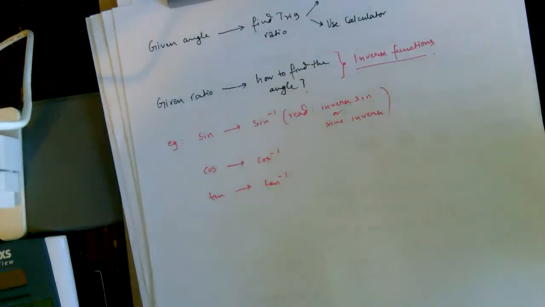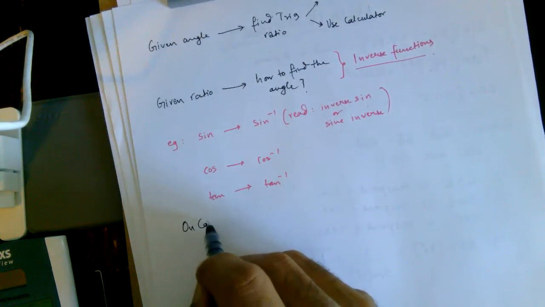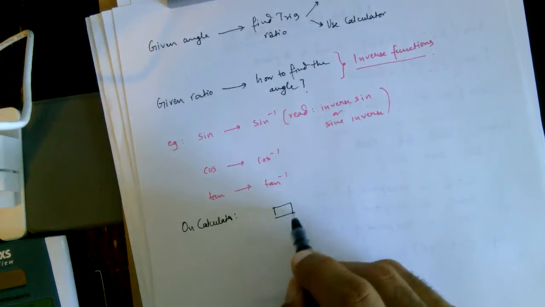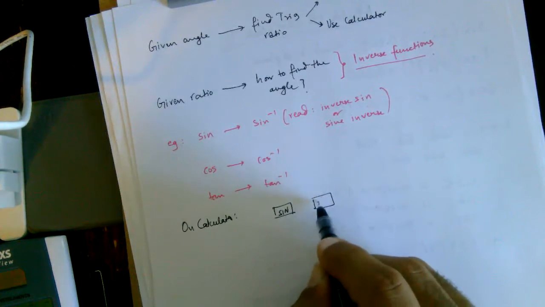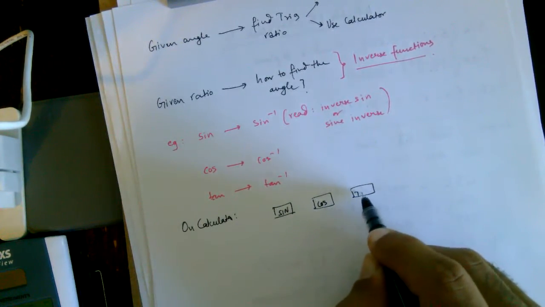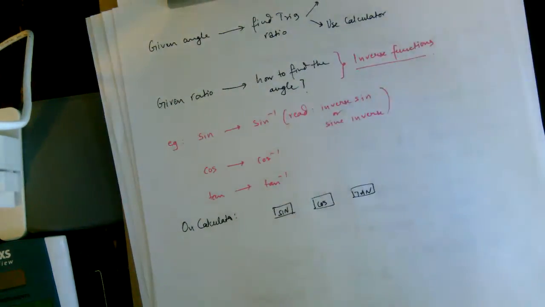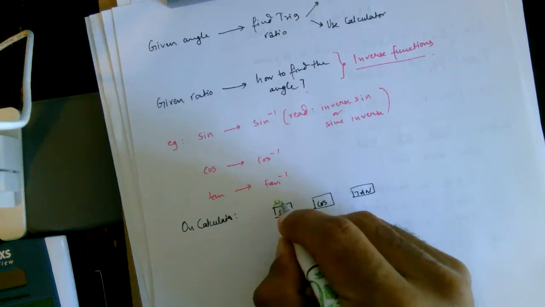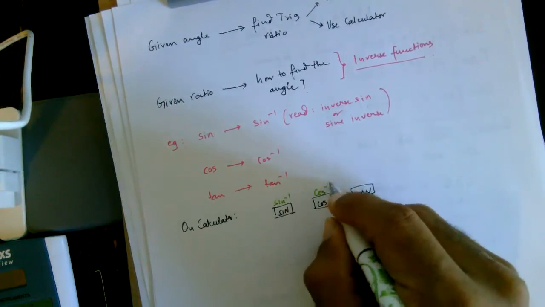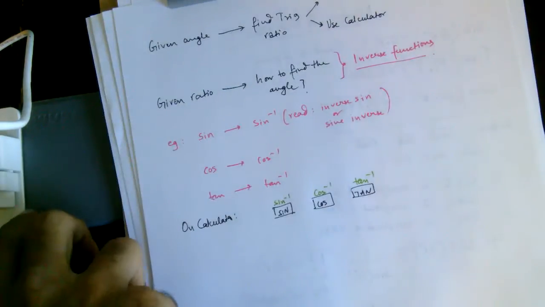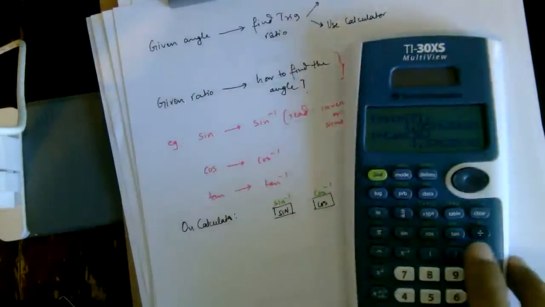Now on your calculator, you will see the three buttons: sine, cosine, tangent, and right above that, in a different colored ink, maybe green, maybe blue, you're going to see sine inverse, cosine inverse, tangent inverse. That's how it looks on my calculator here.